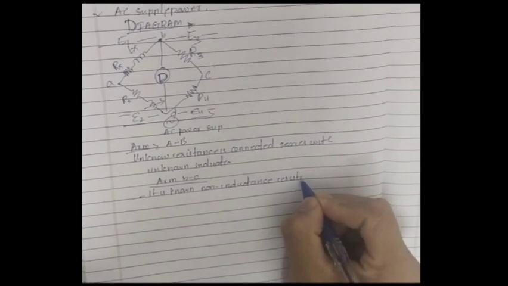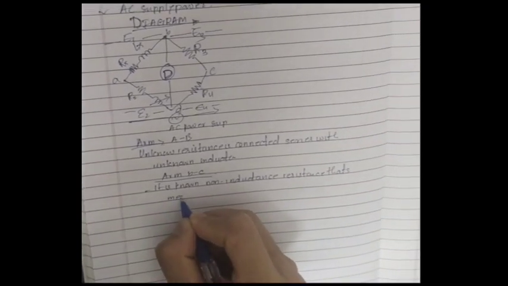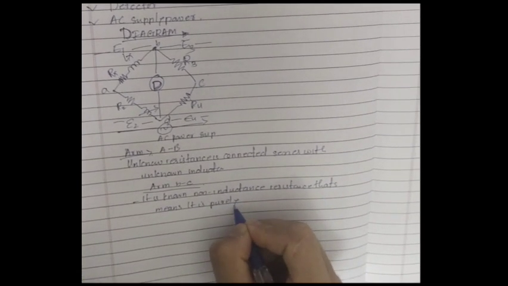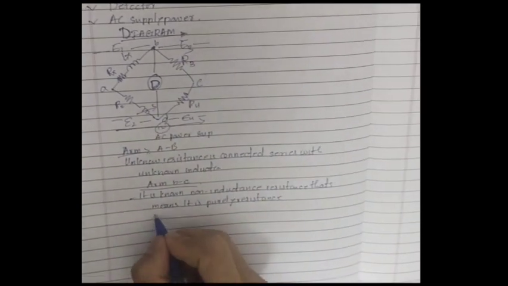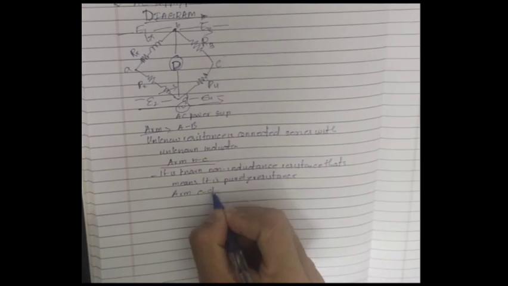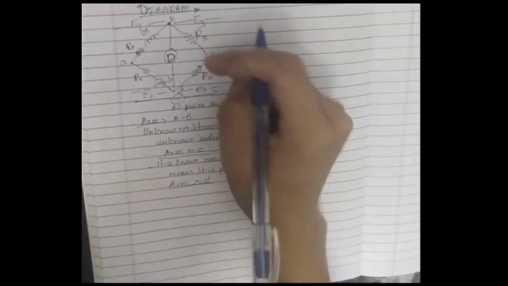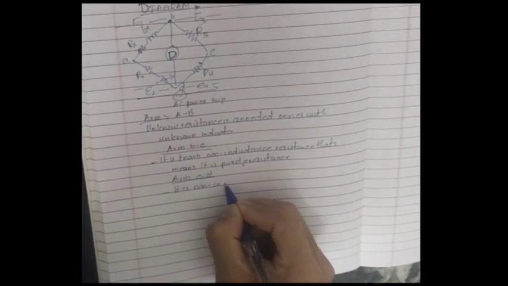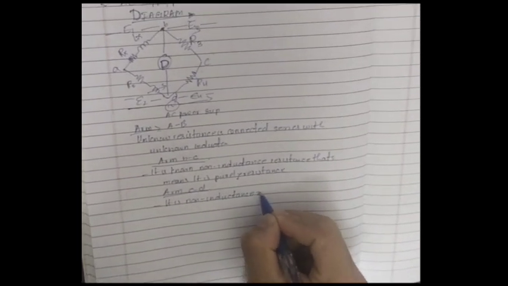Now arm C to D is a similar case to B to C. There is no inductance; it is a non-inductive resistance.